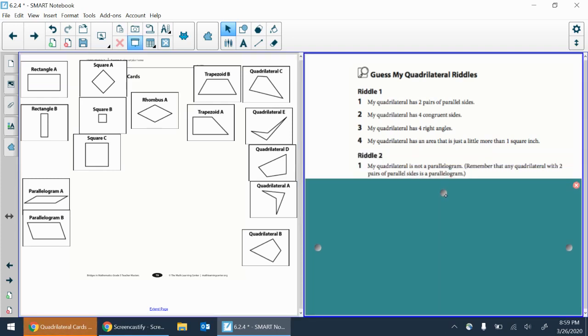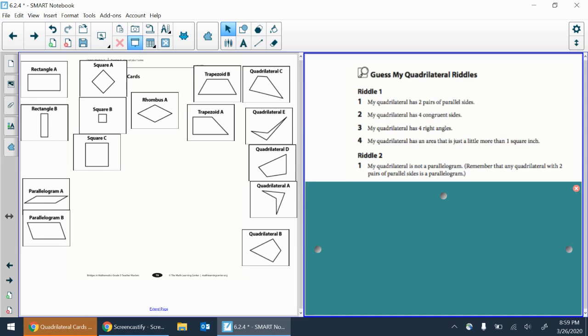All right, riddle number 2. I'm not going to sort along with you until maybe about halfway through, and then we'll stop and talk. So I want to give you time to be able to figure it out on your own. So clue number 1, my quadrilateral is not a parallelogram.